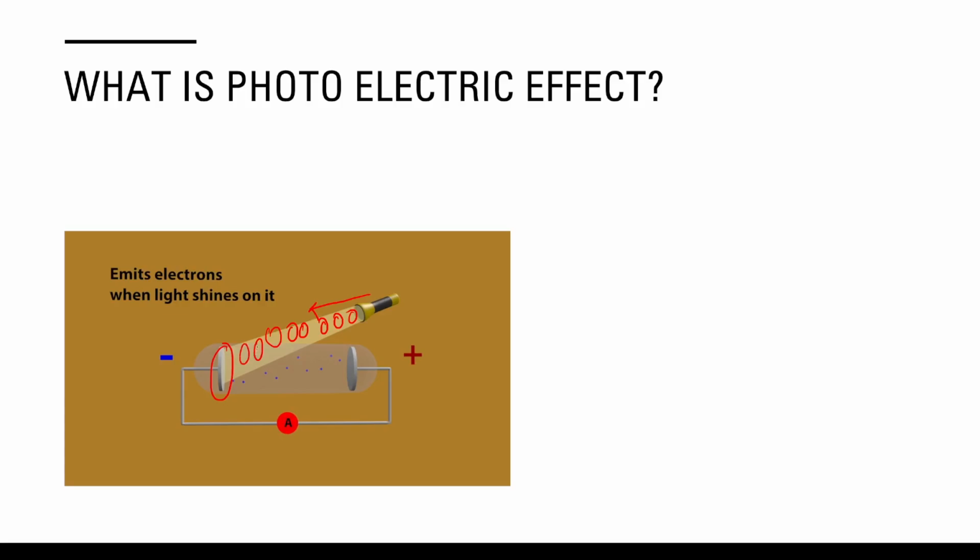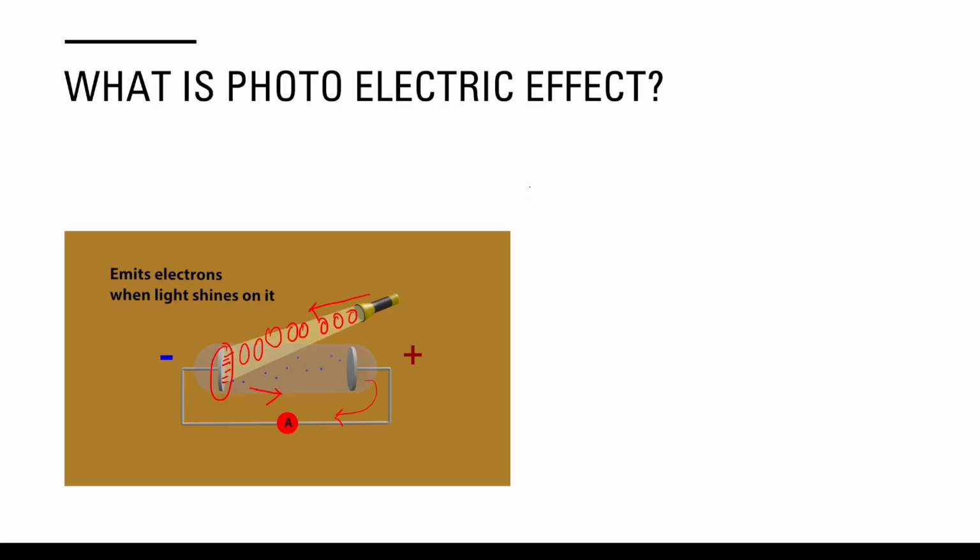Photons. And all these packets will have the same energy because they have the same wavelength. Now, when these packets of energy fall on the metal surface, electrons come out and start flowing in the circuit. These electrons are called photoelectrons, and this entire process is the photoelectric effect.